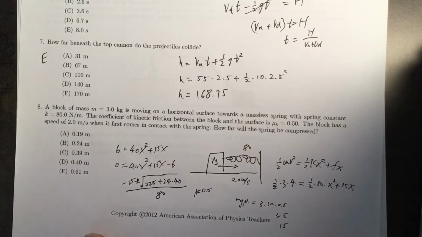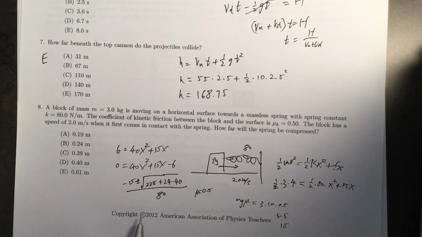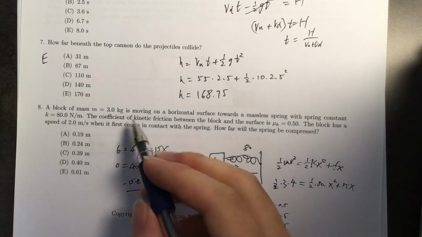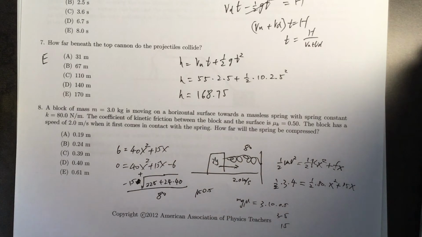We cannot use the minus here because we cannot have a negative compression of the spring. The spring compresses in that direction, so we can ignore the negative sign. We just have the plus sign. And this should be bigger than 15.